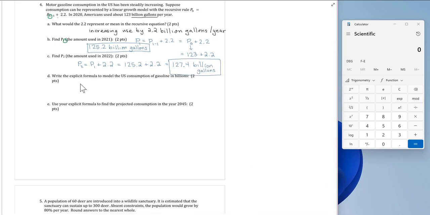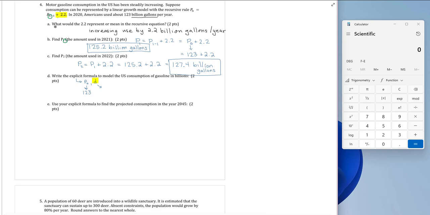In part D, it wants us to change our recursive model to an explicit model. So what I need to find is, remember, for an explicit, we need to know P sub 0 and we need to know D. And so P sub 0 is given to us already, 123. And D is actually the number that we are increasing by each time.